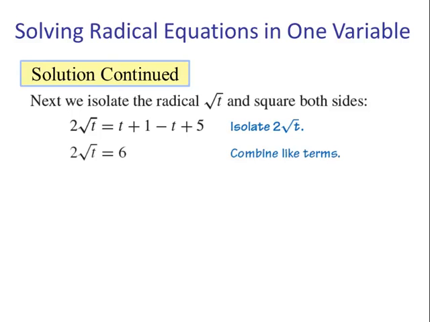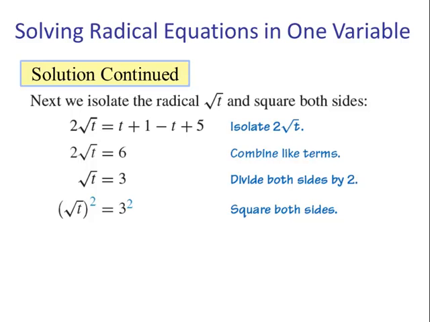Combining like terms, the t's cancel, and we have 2 times the square root of t equals 6. Again, to isolate the square root of t, we need to get rid of the 2, so we divide both sides by 2, and we're left with the square root of t equals 3. To undo the square root, we square both sides, and we're left with t equals 9.